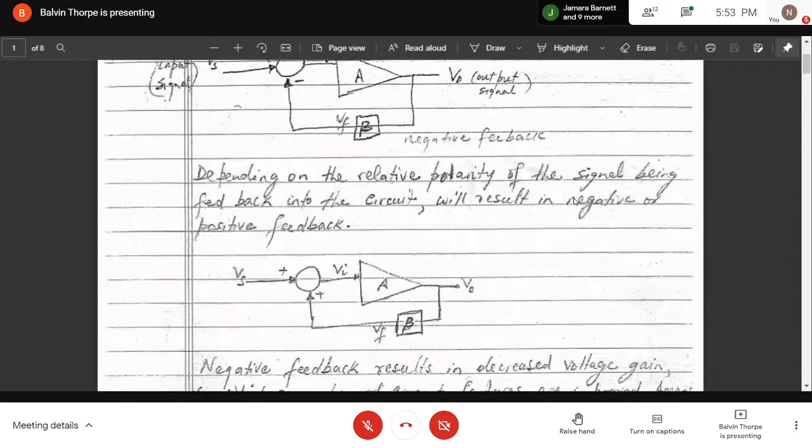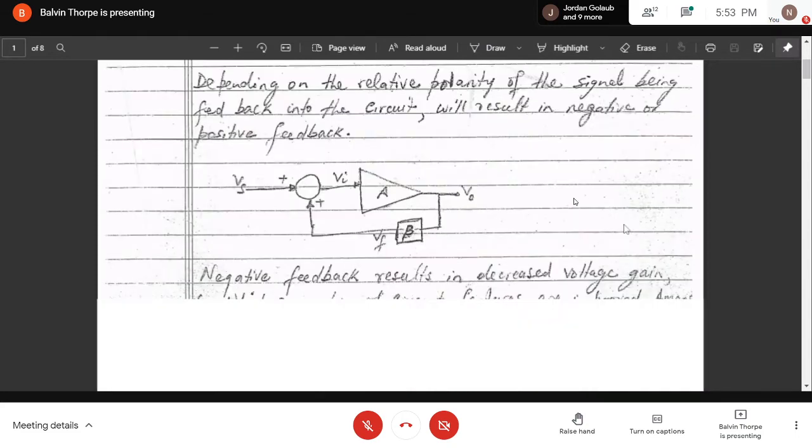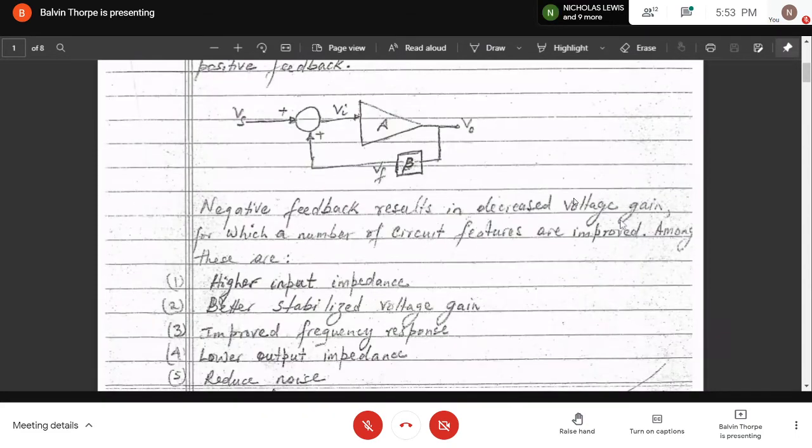Depending on the polarity of the signal being returned with the signal that is inputted, the feedback can either be negative or positive feedback. If the signal that is fed back is in phase with the signal that is inputted, then that type of feedback is known as positive feedback.